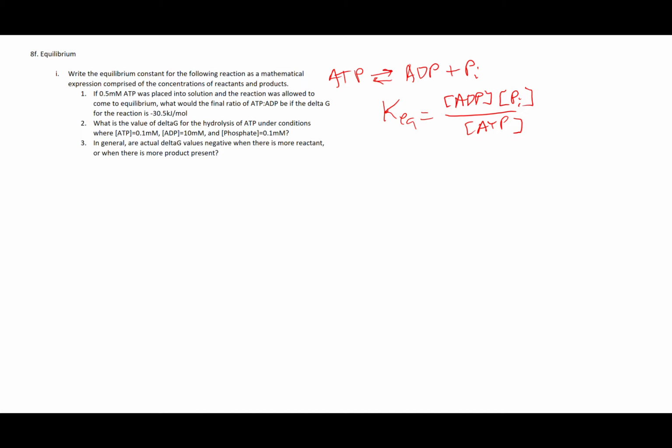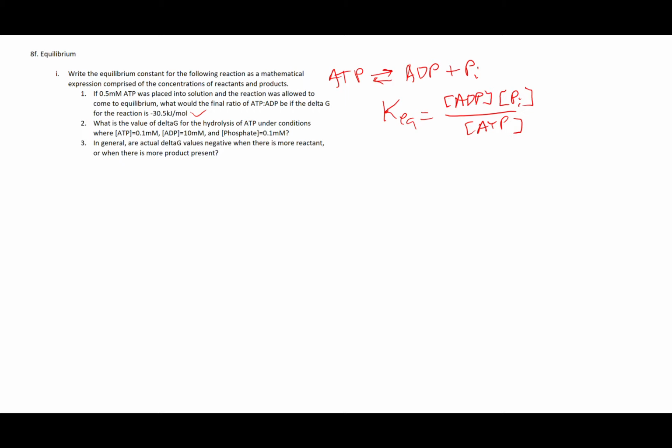If you're faced with a question like this, it's clear that we're going to have to do a calculation because I'm giving you numbers. The question is which equations am I going to need to use? Well, here I'm giving you information about the delta G of the reaction, so the free energy.